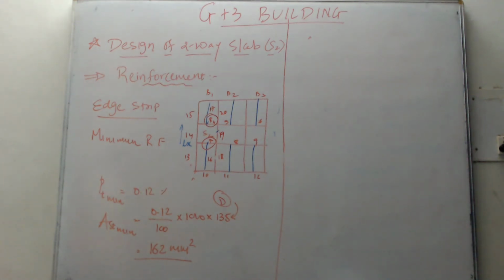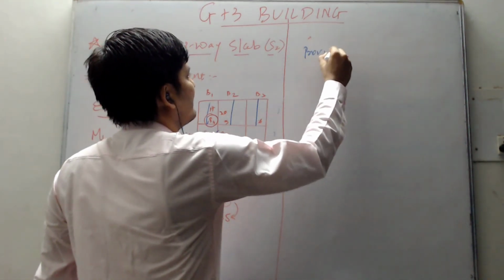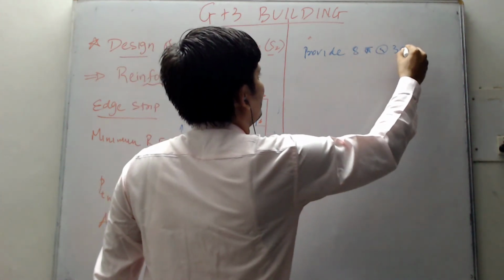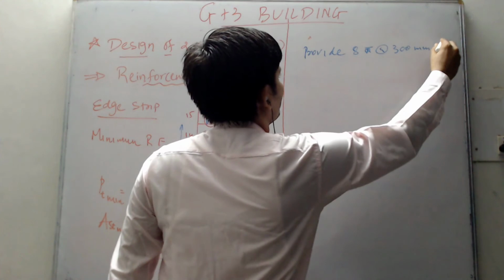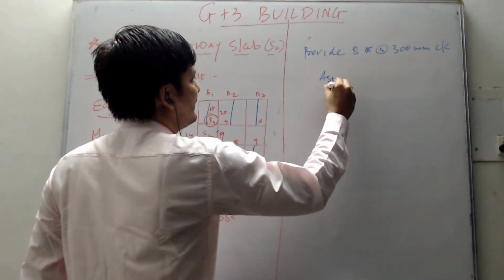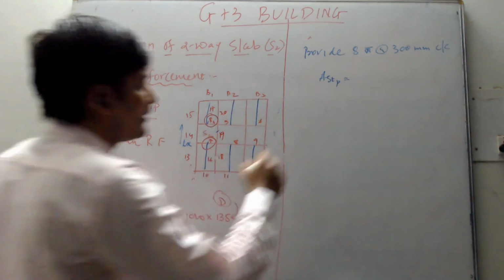And for this, again we need to go to SP16, table number 96. From there, I'm getting 8 mm diameter bar at 300 mm center to center spacing. So provide 8 dia bar at 300 mm center to center spacing, and Ast provided value I am getting as 168 mm square.